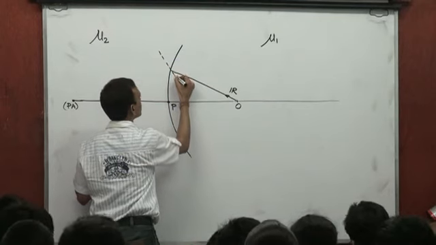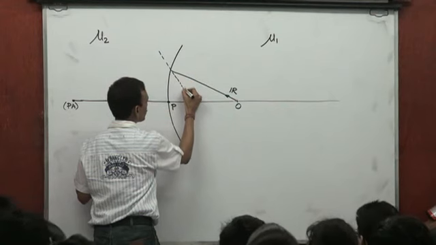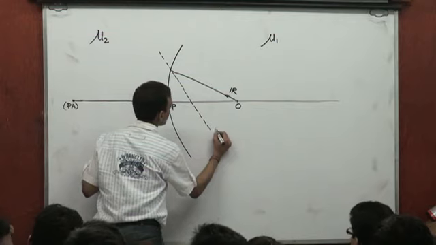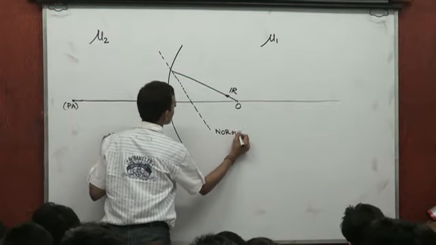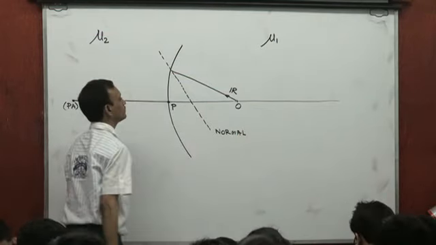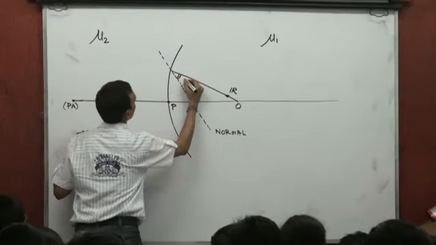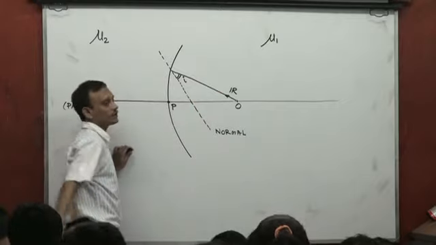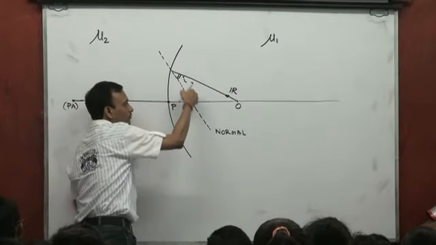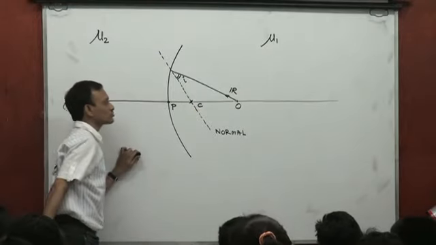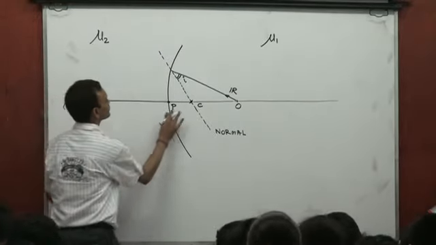Let's say this is the normal at the point of incidence. So this becomes the angle of incidence. And the normal for a curved surface must pass through the center of curvature.